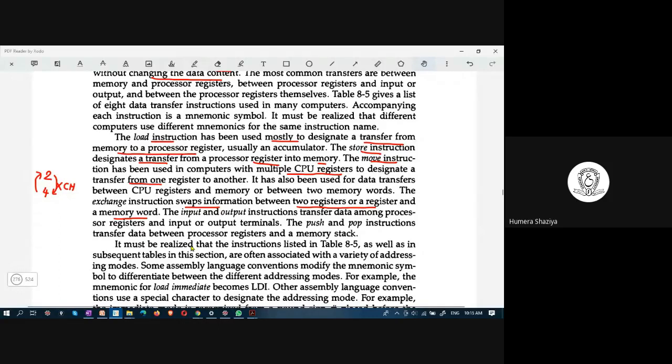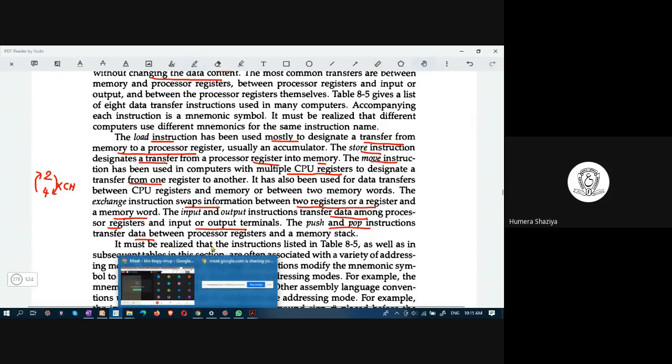Input and output instructions transfer data among processor registers and input or output terminals, from keyboard to accumulator or accumulator to monitor. Push and pop instructions transfer data between processor registers and a memory stack.